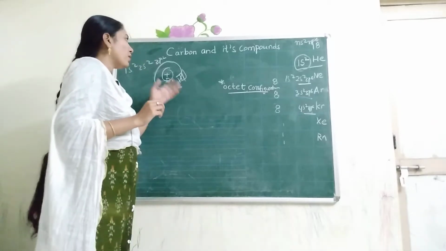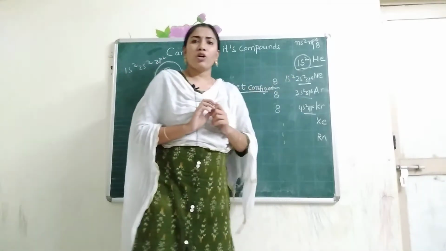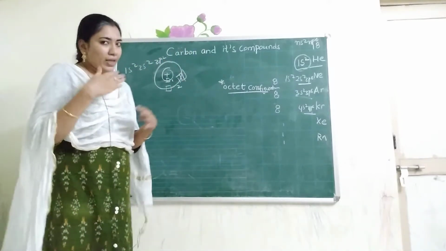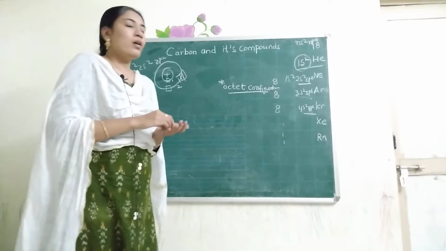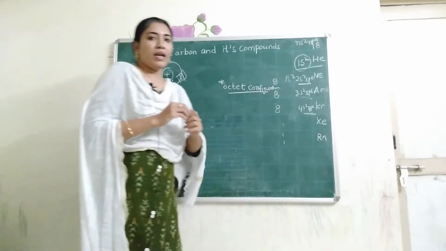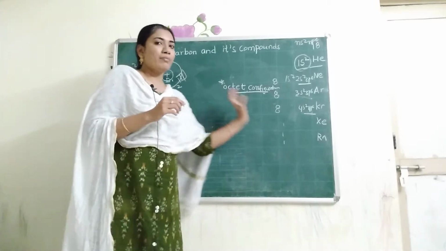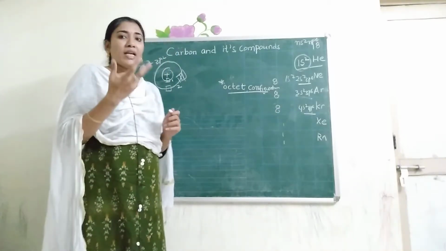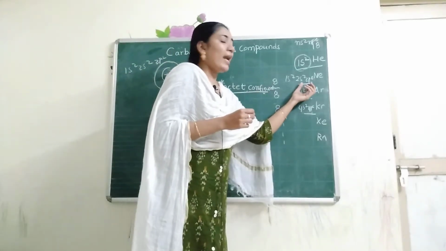Okay, every element, not only carbon, every element tries to attain noble gas configuration. Why? Every atom tries to attain stability. To get stability, it needs how many electrons? 8 electrons.